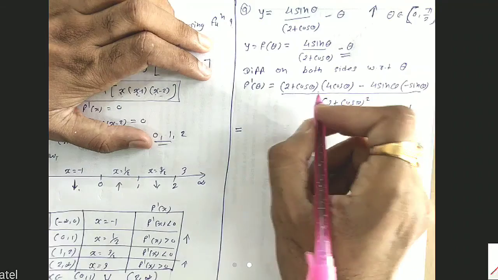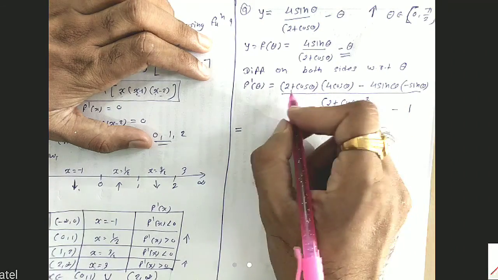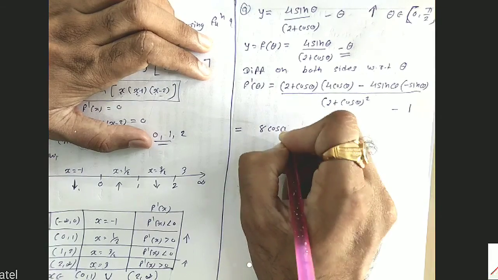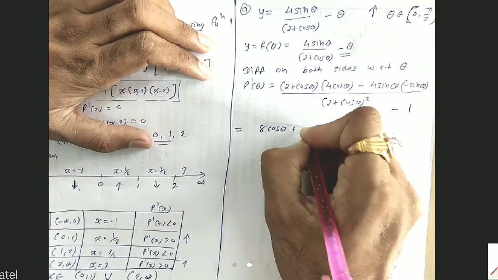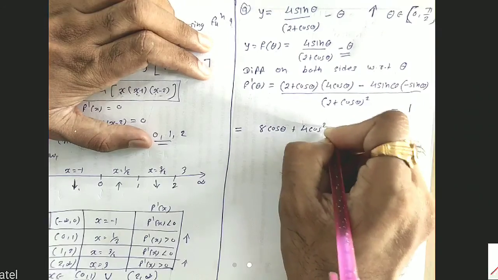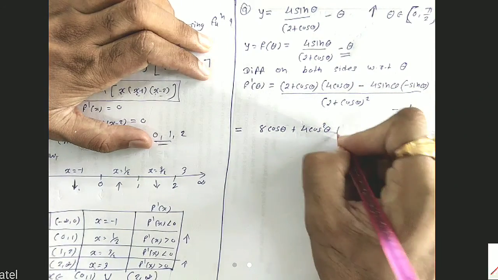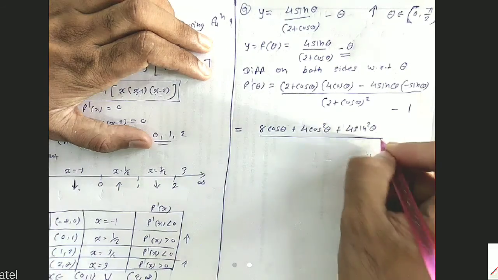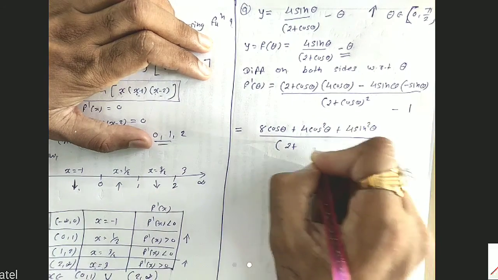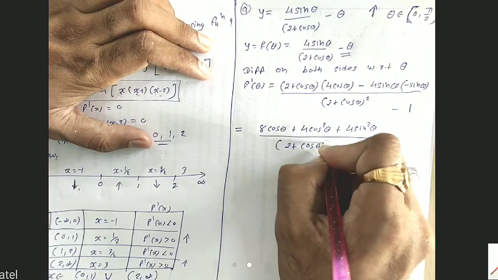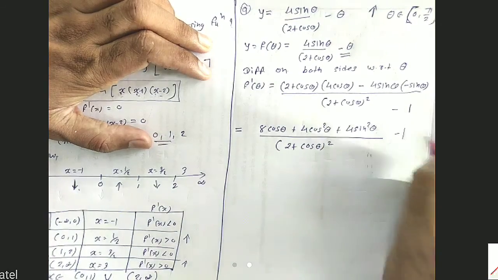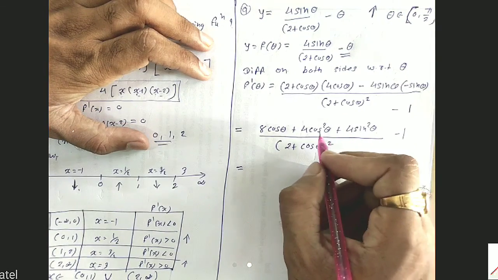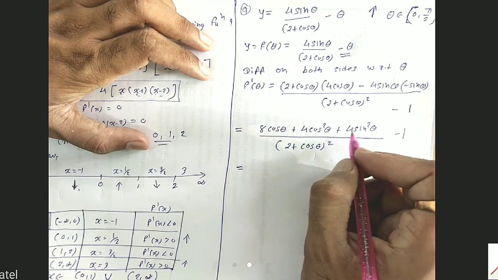Clear? Now simplify this. 4 cos theta into 2 plus cos theta is 8 cos theta. 8 cos theta plus 4 cos square theta, minus minus plus 4 sin square theta, whole divided by 2 plus cos theta whole square, minus 1. Now this is equal to 4 is common. So remaining terms are sin square theta plus cos square theta which is 1.